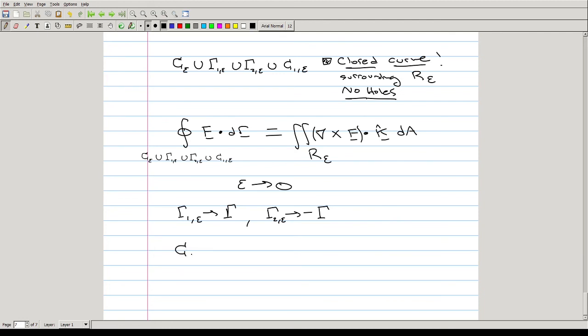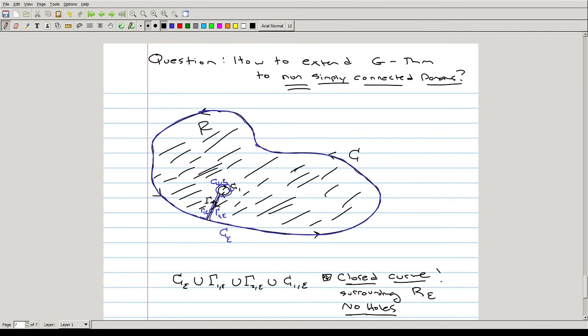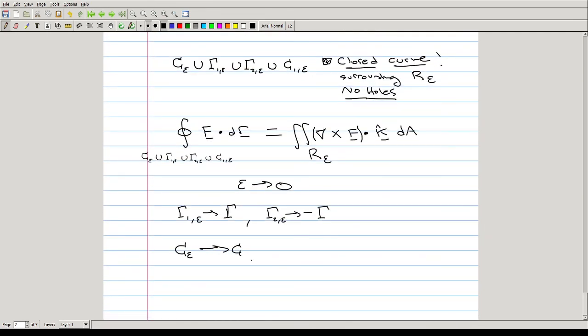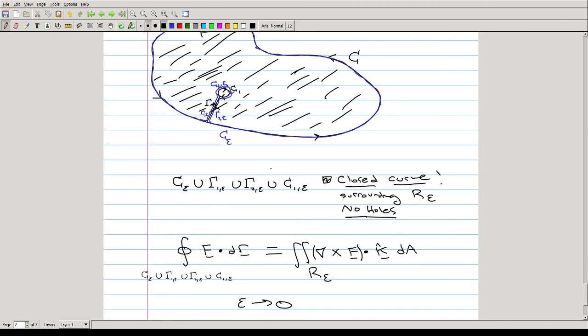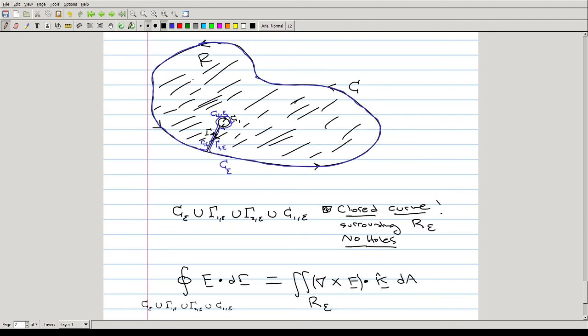The curve C epsilon becomes just the curve C because these boundary points match up as epsilon goes to 0. The curve C1 epsilon becomes C1. And lastly, the domain R epsilon just becomes the normal domain R because all of these points that are removed in this cut go away, or they're absorbed as the curves gamma 1 and gamma 2 come together.